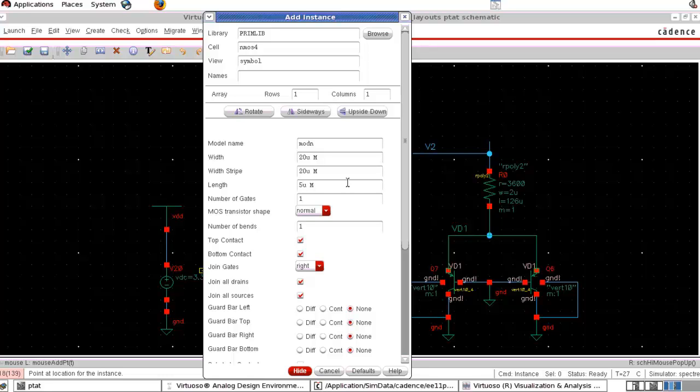Even though W by L is 20 by 5, that means W by L is 4, we don't use 4 micro by 1 micro. We use a large W and large L to have less process variation and to have good matching. So I am using 20 micro by 5 micro.